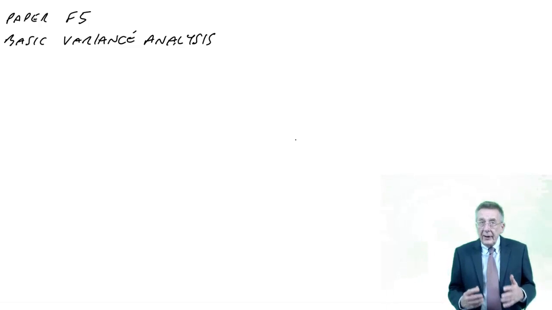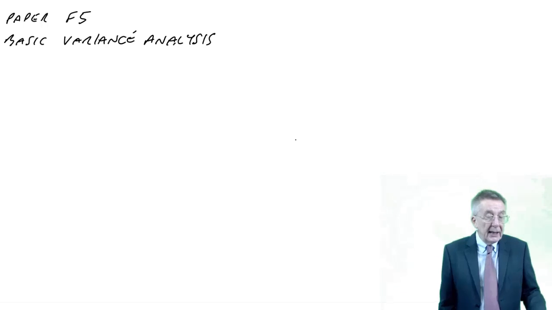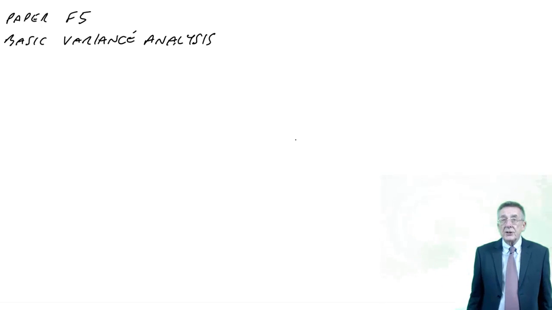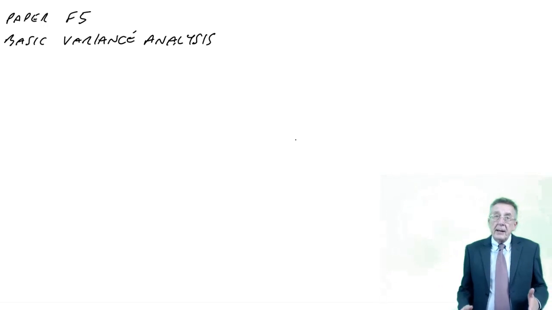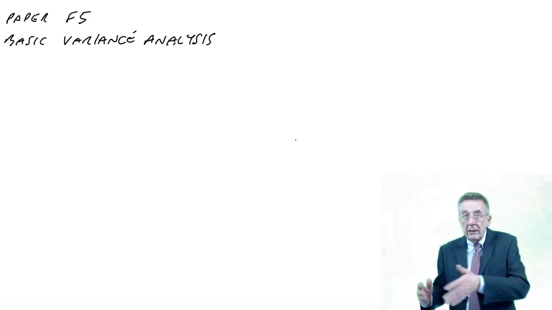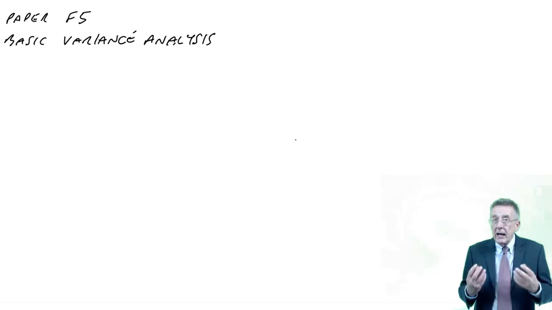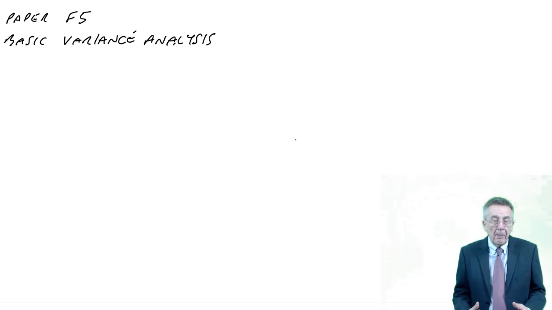Now in paper F5, although there used to be a time when they did have full basic variance questions, these days the examiners said there won't be any questions entirely just on basic variances. The next chapter, which has separate lectures, has more advanced variances, and they are what are examined in paper F5.